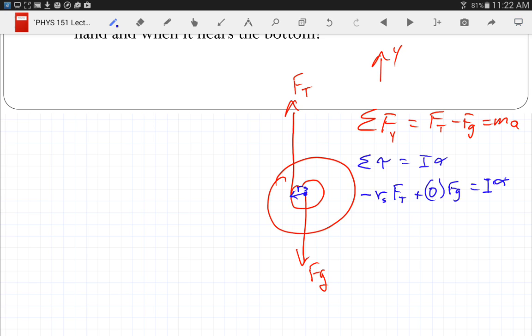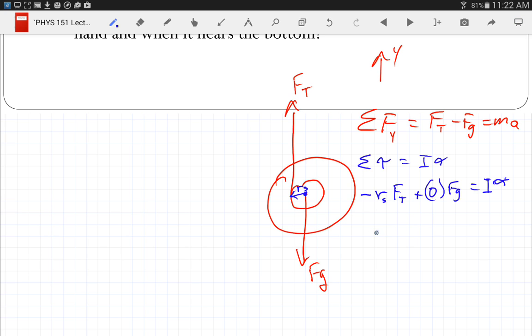And the last one comes from the relationship between tangential acceleration and angular acceleration. The speed at which the center of mass is dropping would be the same as the speed at which the edge is rotating compared to the center. And likewise, the acceleration for the center is the same as the acceleration of the string leaving the edge.